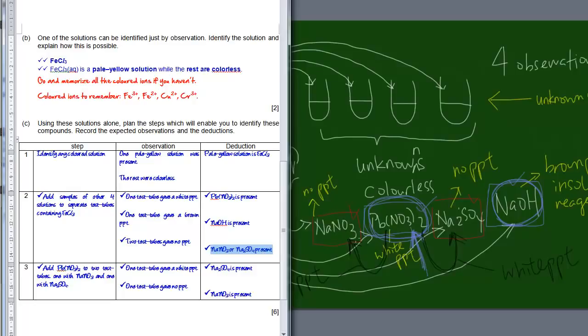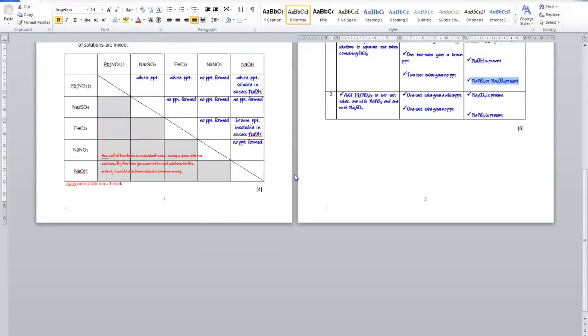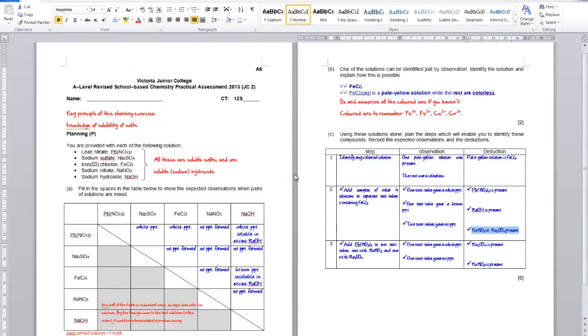Then, since we have positively identified lead nitrate, we add the lead nitrate to the 2 unknowns. The solution that gives no PPT would be NaNO3, and the one that gives a white PPT would be Na2SO4. So in that way, you will have positively identified every single compound's solution in the whole question. So that's it for this question.